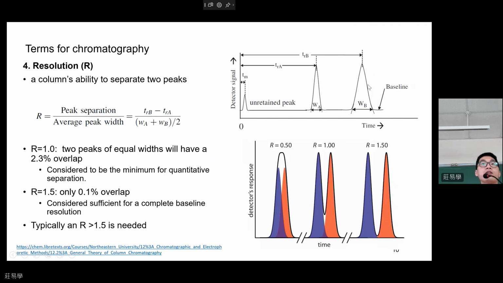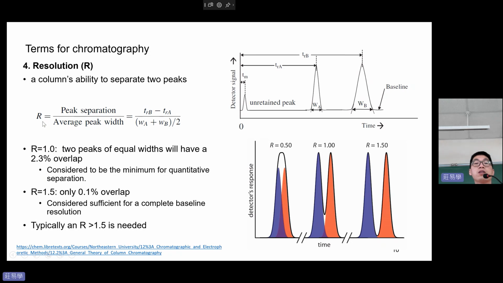So resolution is a more comprehensive factor to show a column's ability to separate two peaks. In the calculation of resolution, it takes into account the width of the peak.